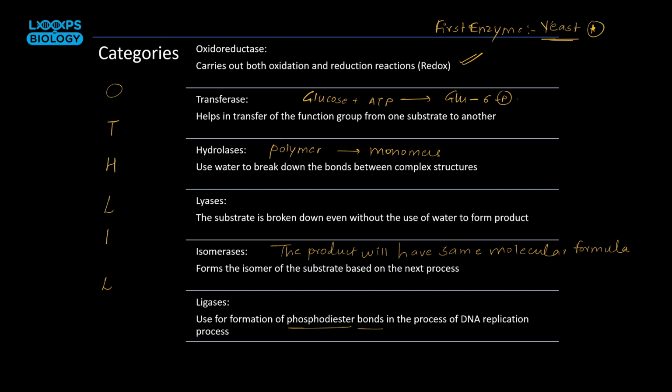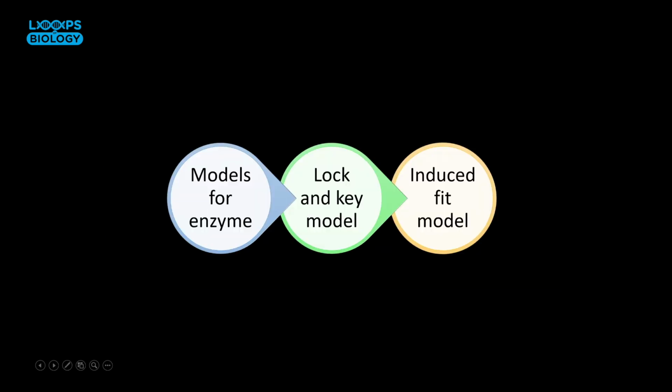Just remember this so that if a question is asked in NEET, you should not be blank. Now there are some models of enzyme action, which are based on enzyme-substrate binding. So these models are formed based on enzyme-substrate binding.